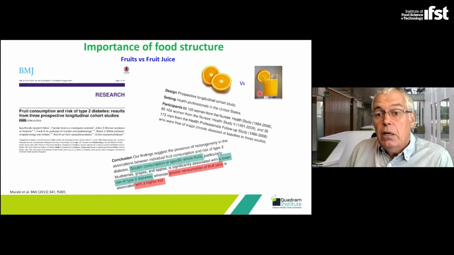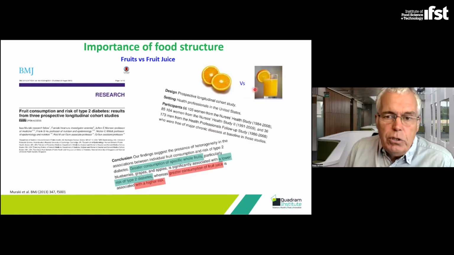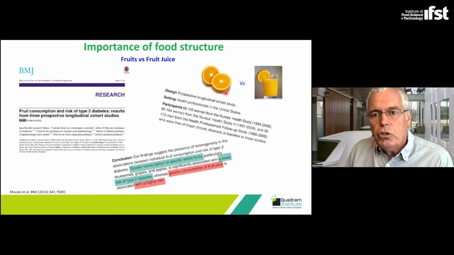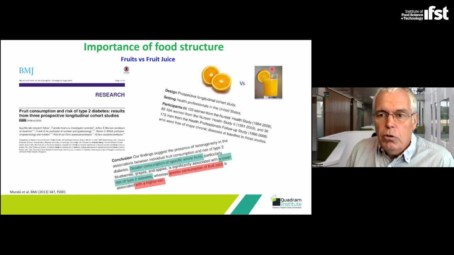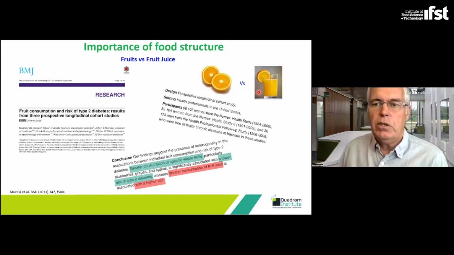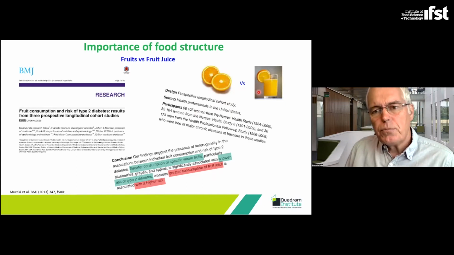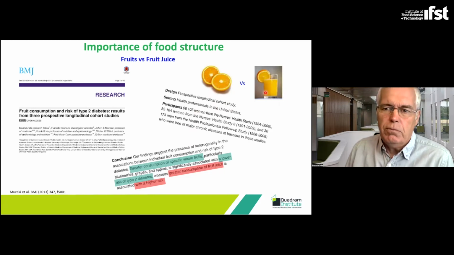Depending on the production of the juice, you could filter out a lot of the fiber. You're breaking down the cellular and tissue structure. And so there's a whole load of free sugars in there, which are readily absorbed. Plus the volume is very different. The rate of energy intake is different. So you drink a glass of fruit juice very quickly compared to eating an orange.